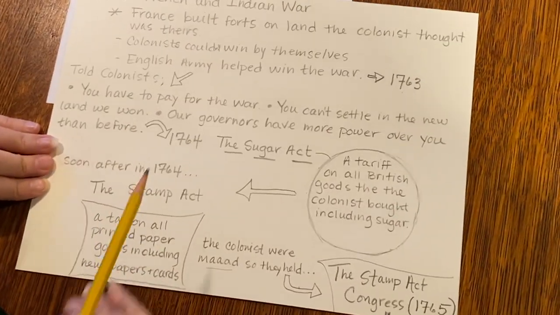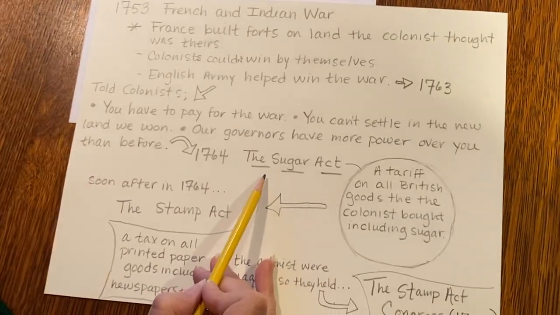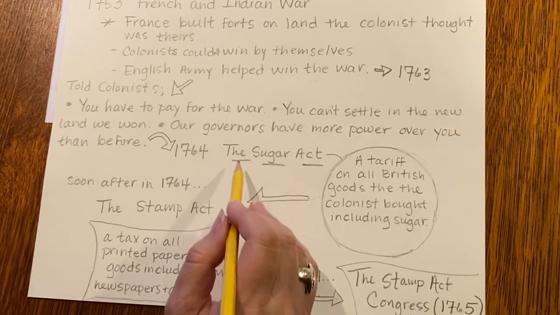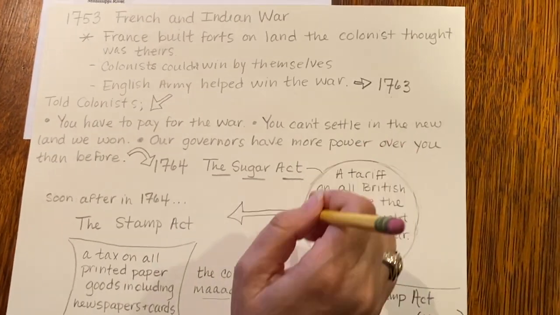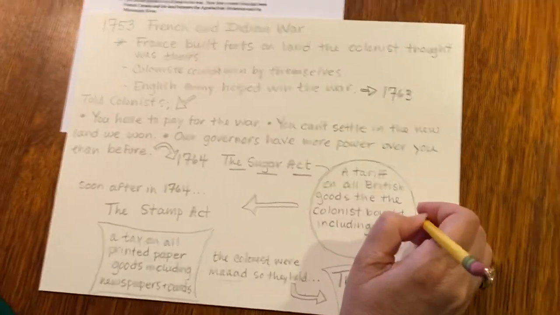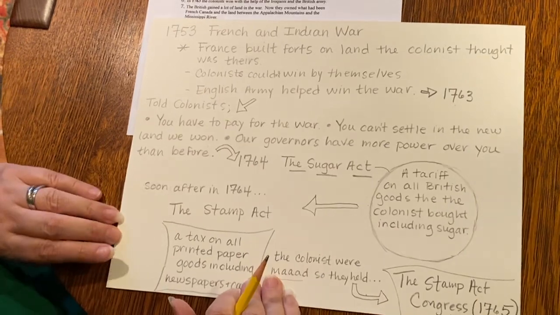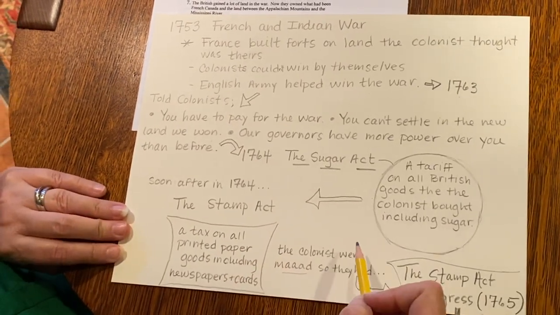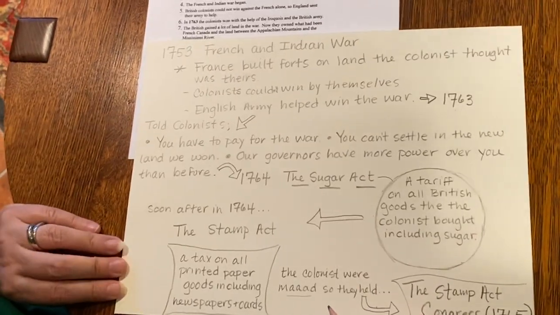And then in 1764, the Sugar Act. I did the lettering this way. I decided to put this little piece of information in like a round bubble. It's just an artistic choice. You can be as creative as you want. You can make boxes or make lines or frames or anything you want.